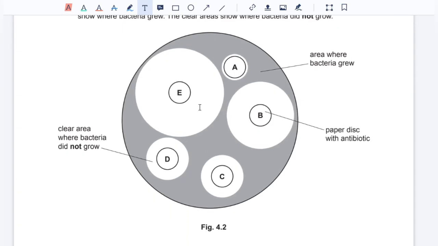As you can see in the diagram, the clear area is the greatest around the disc soaked in antibiotic E. So antibiotic E is going to be the most effective against this particular strain of bacteria, as disc E is surrounded by the greatest clear area, which indicates that it has killed the most bacteria and the bacteria are least resistant to antibiotic E. On the other hand, the bacteria are most resistant to antibiotic A, as the clear area is the smallest around disc A, and this indicates that the bacteria continue to grow and are not killed by antibiotic A.